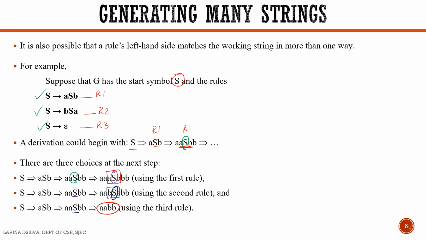So in order to stop the derivation, we have to use rule number 3. So this was a scenario which was talking about the left hand side matching the right hand side in more than one way, and there will be one rule among the rules which are specified which will help us in stopping the derivation.